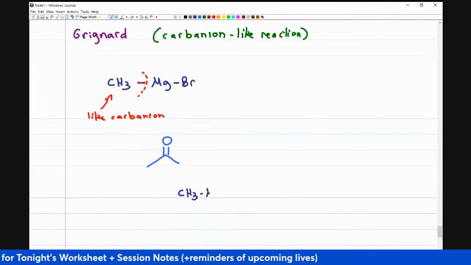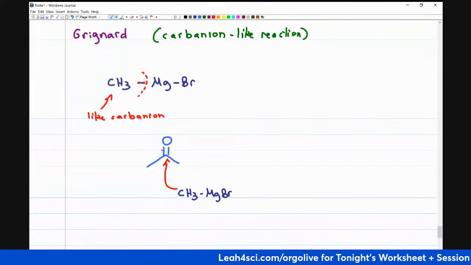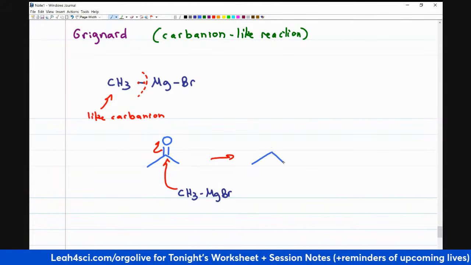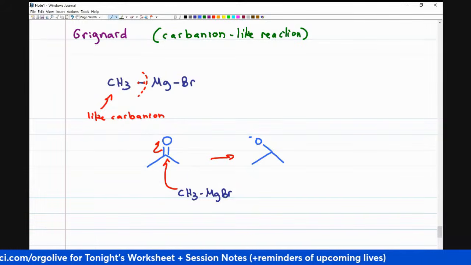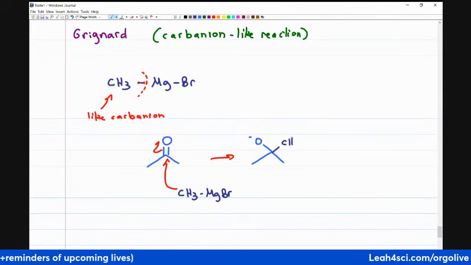If I have a CH3 with an MgBr on it, the carbon is going to attack at the carbonyl the same way that the nucleophile attacked before, kick up the electrons, and that will give me an O-, the CH3, and the MgBr is just wandering off somewhere in solution.